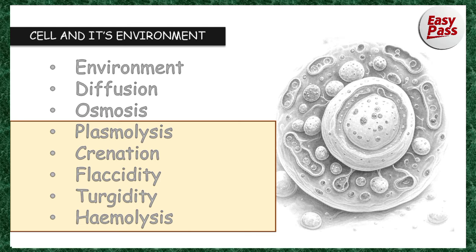We'll quickly pick them one after the other to have a better understanding of what would happen to a cell whenever the internal environment differs from the external environment based on concentration. Whenever there is a concentration gradient difference, there will be movement of molecules.